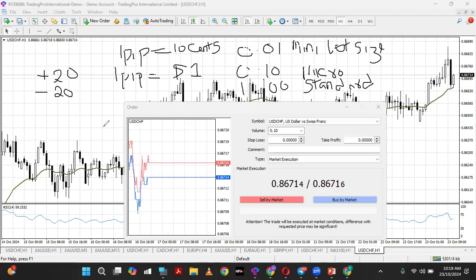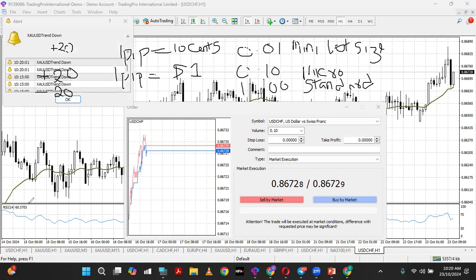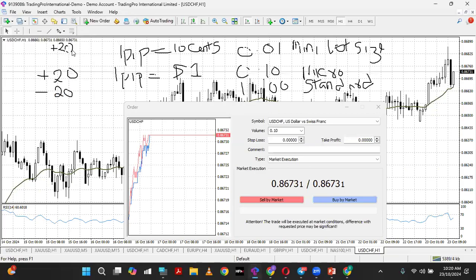That should be a $20 loss. Good. Now, if I have a 20 pip profit on a mini account, how much is the dollar value? That's $2. Do you understand now?